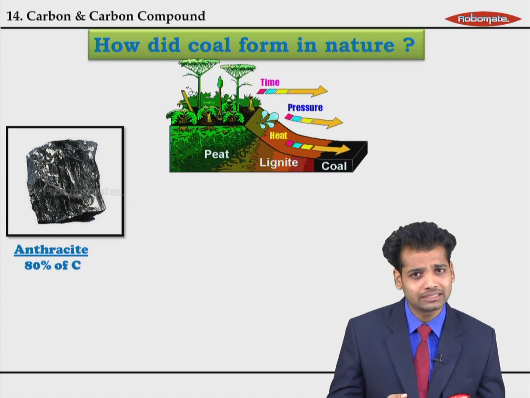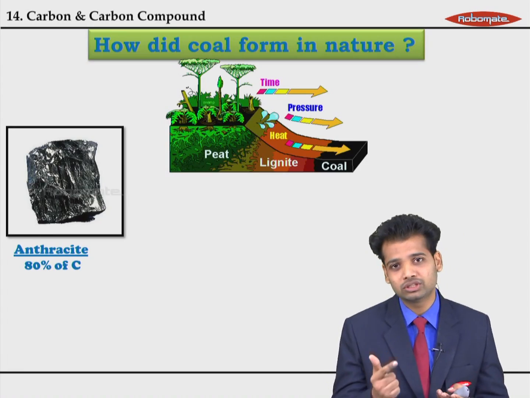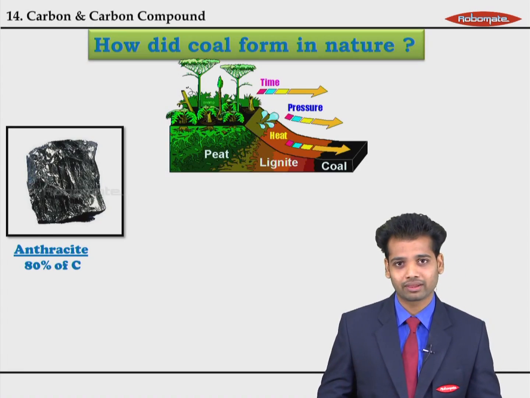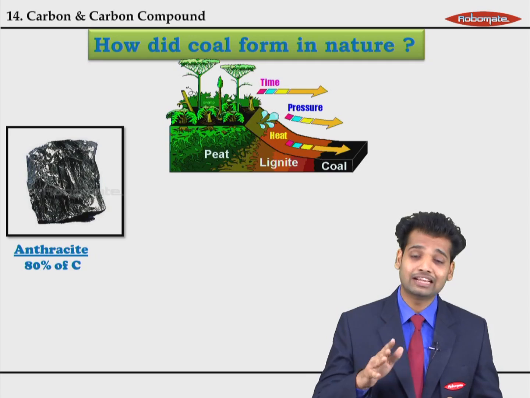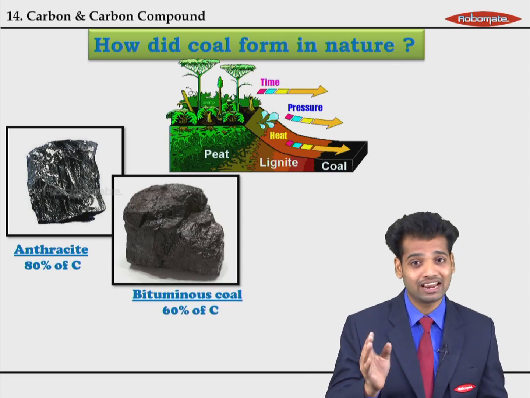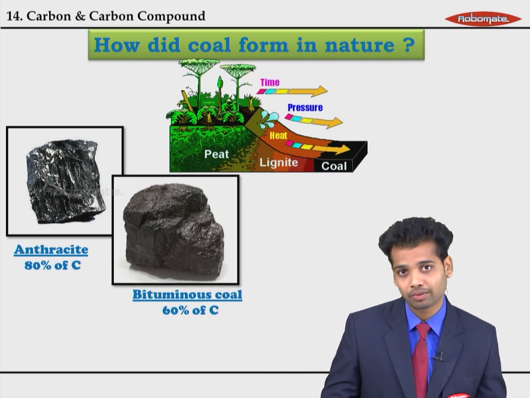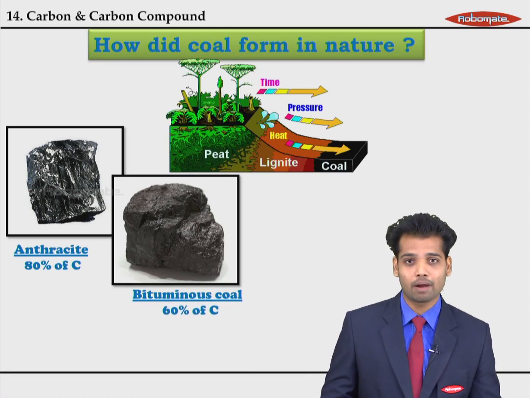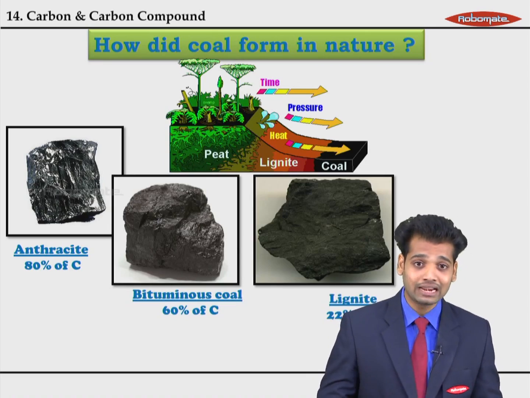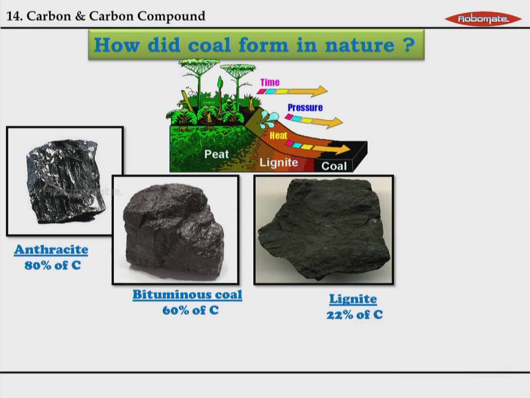The rest 20% is hydrogen, oxygen, nitrogen and sulfur. If it has not formed anthracite, it would be bituminous coal, which contains 60% carbon. And before that, it will be lignite, which has 22% carbon.